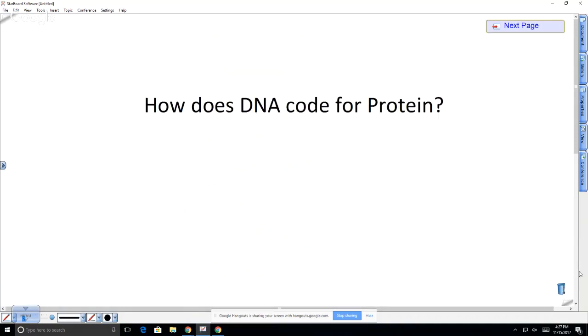Okay, so I want to talk about how DNA codes for protein. You'll remember that your DNA is located in the nucleus and it does not leave the nucleus. So in order to get that information out from the nucleus to the ribosome where proteins are produced, we have to make a copy of the information that is in the DNA molecule, okay? So I'm going to show DNA here in my nucleus, and then I'm going to produce what is called a messenger RNA.